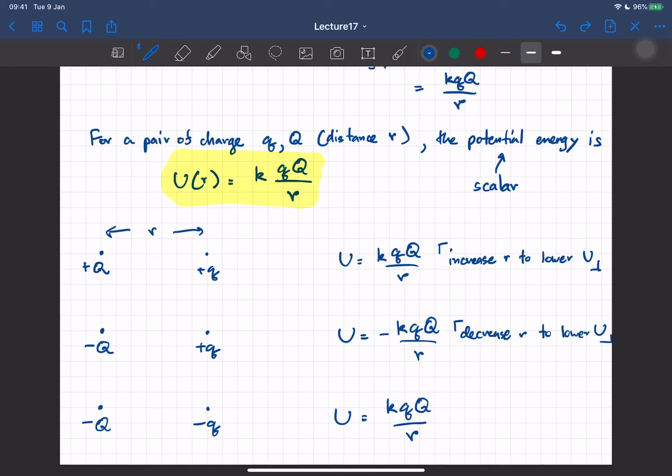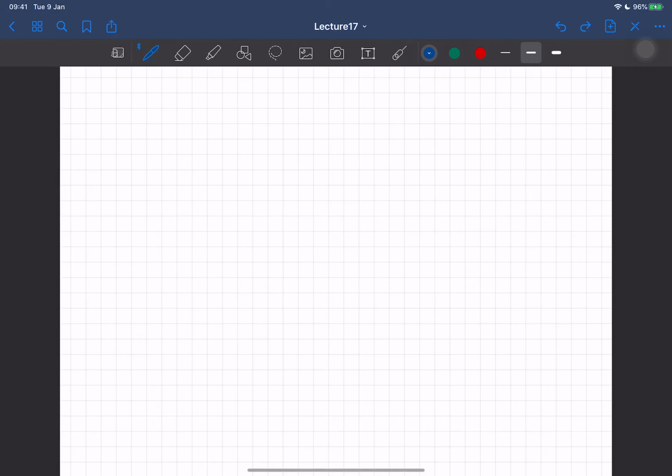Now, what about a system where we have more than one pair of charge? Well, in that case, you just have to write down the potential energy of each pair separately, and just add them up. For example, one configuration that we talked about last week is charges at the corner of a square.